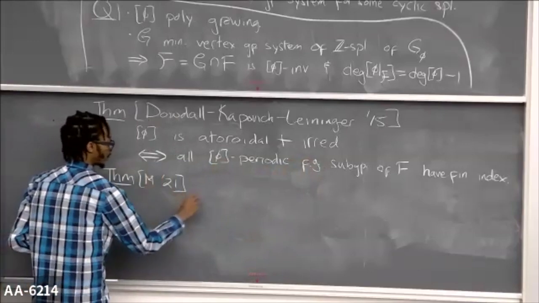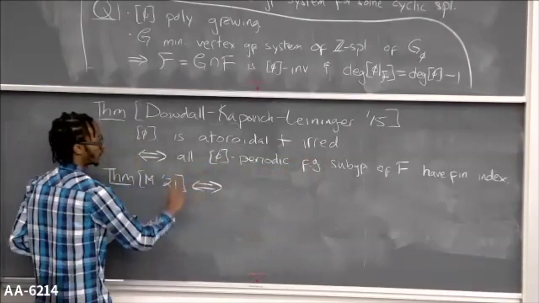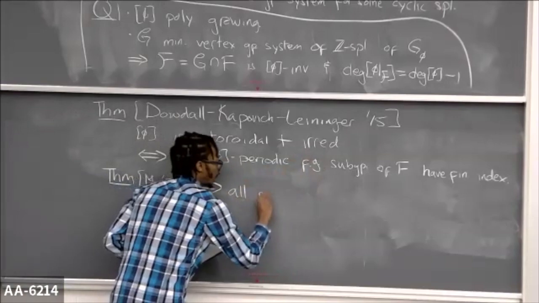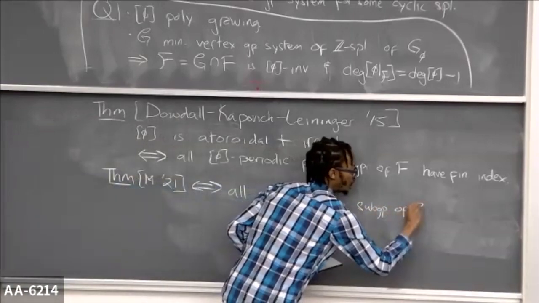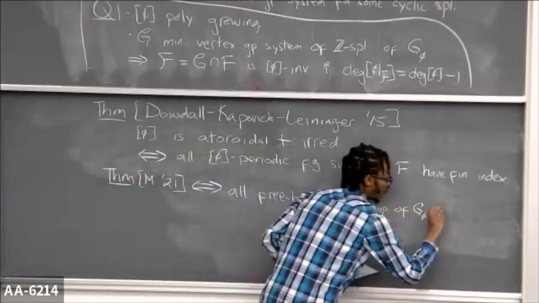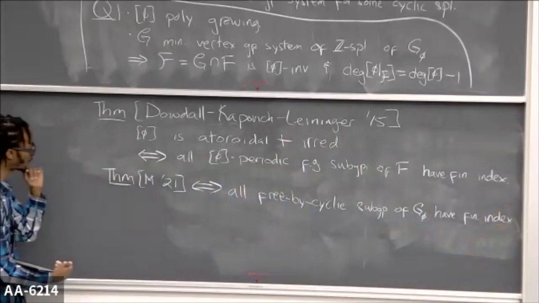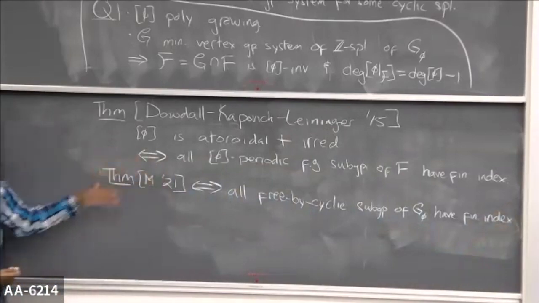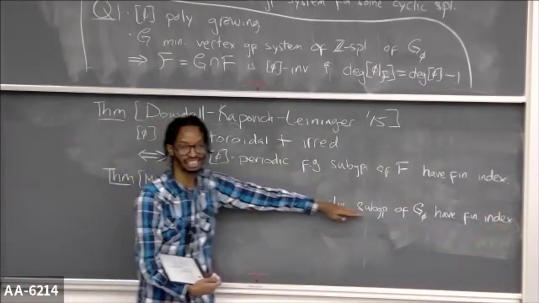So I proved that this condition over here is equivalent to all free-by-cyclic subgroups of G phi having finite index. And this uses coherence that was proven by Feighn and Handel. Very beautiful result, but I just don't have the time to discuss how it goes. And now this turns out to be a group invariant.